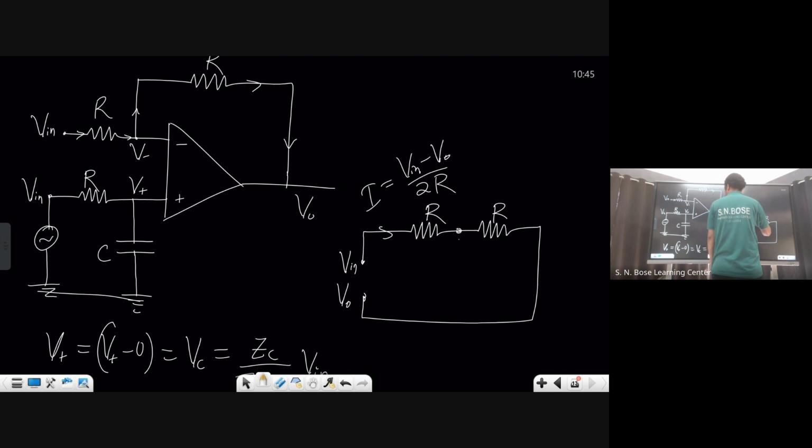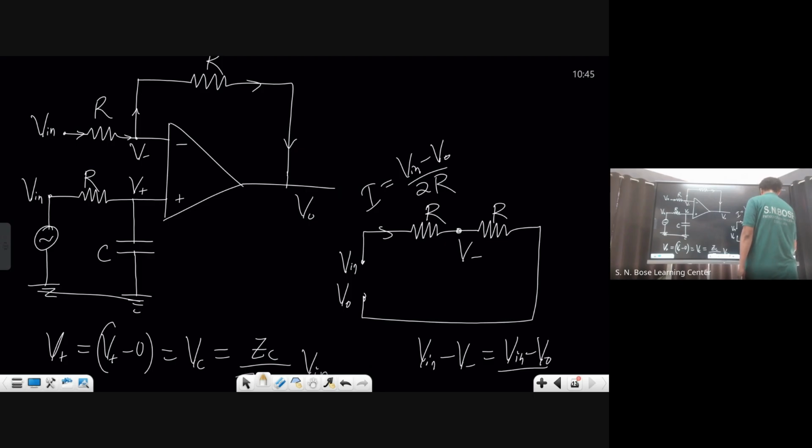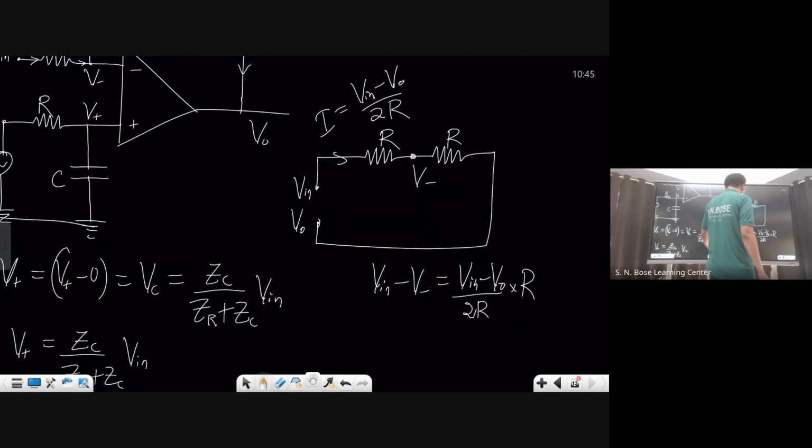I need V minus here, am I right? V in minus V minus, that's equal to I into R. I is V in minus V naught divided by 2R, into R.